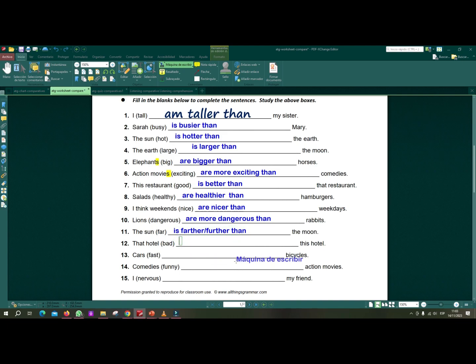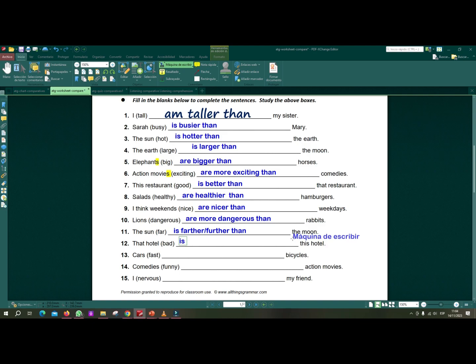12. That hotel. There you have bad. This hotel, Miss Anna. Which could be this one? That hotel bad. Is no. Recuerde que bad también entra en los adjetivos irregulares.